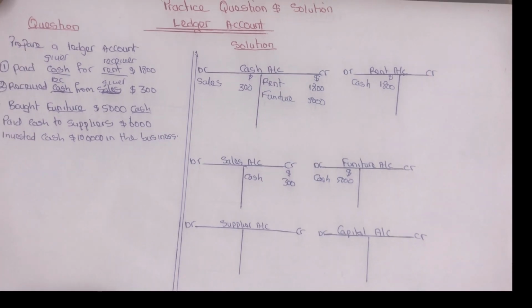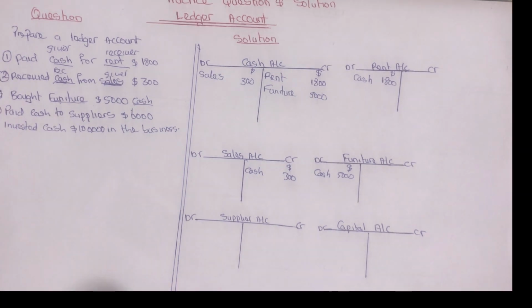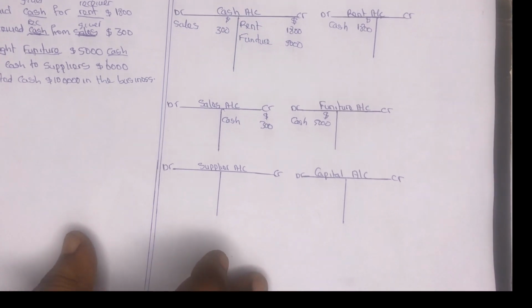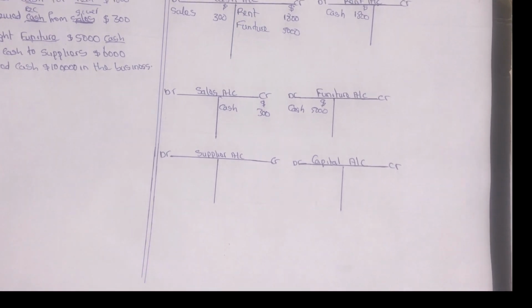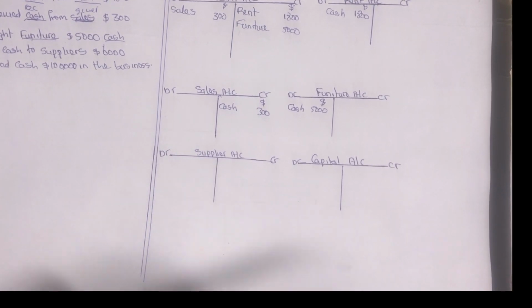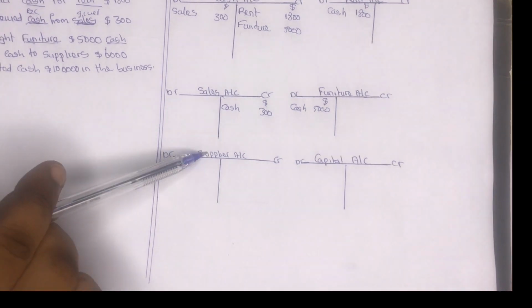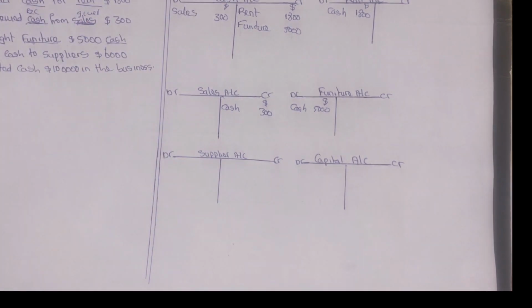So the next transaction says paid cash to suppliers, $6,000. So we also have the supplier account here. So we have the supplier account and the cash account. So if we are paying cash to suppliers, it means that cash is leaving the business.